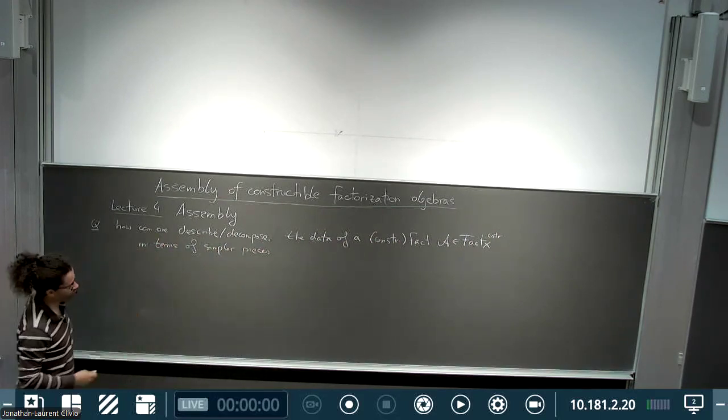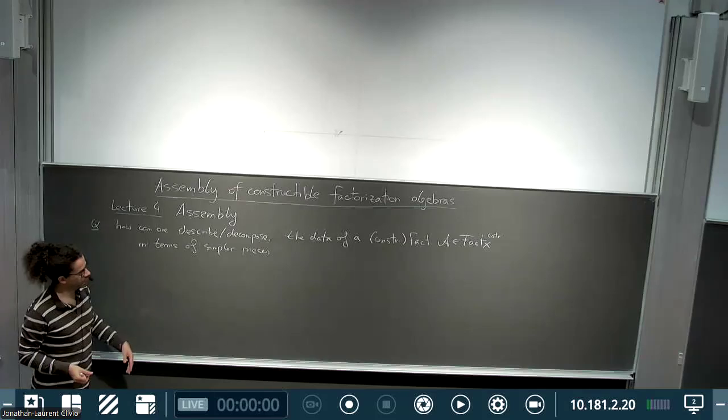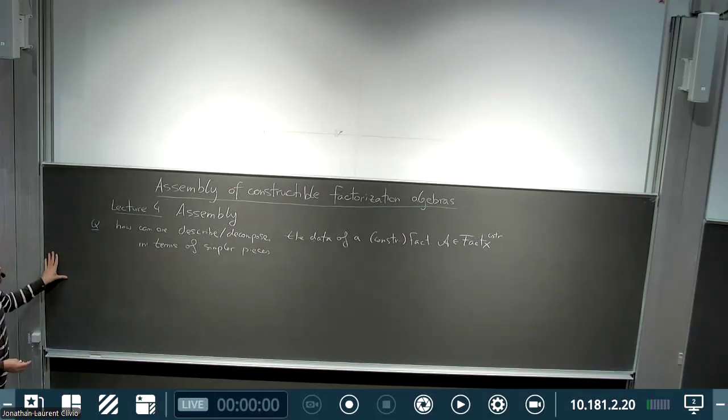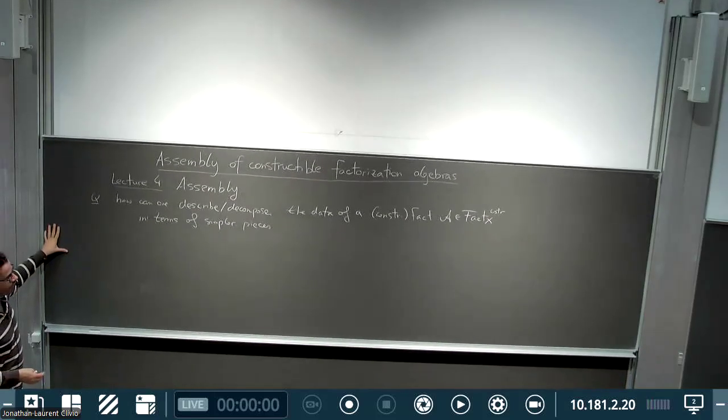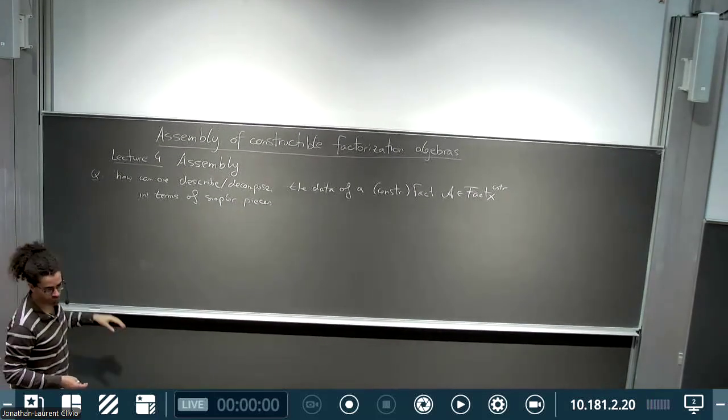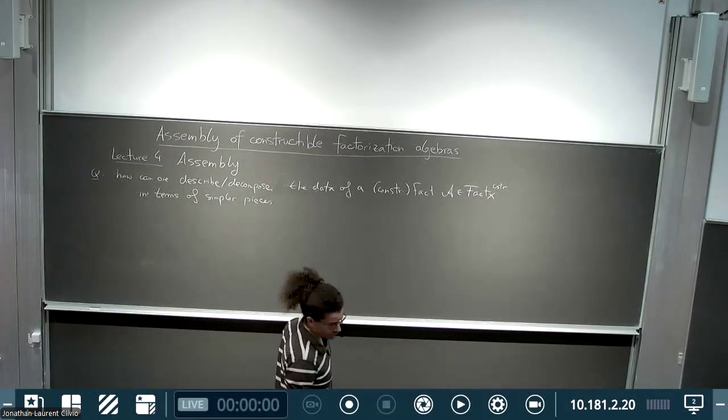Or, of course, the same question in reverse. If we have some simpler pieces, what does it take to assemble them all together into the data of one big factorization algebra on some conically smooth, on some smooth conical manifold?